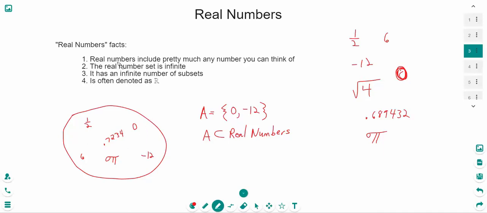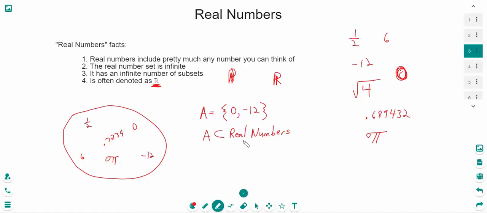All right. And then the last thing that we want to make sure we understand is that the real number set is often denoted as this fancy R. I know it doesn't stick out very well here, but it's essentially a capital R, with a line that goes through it like this.